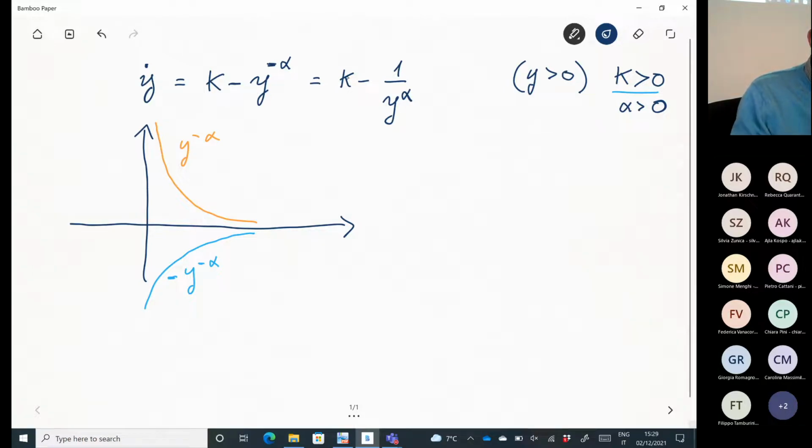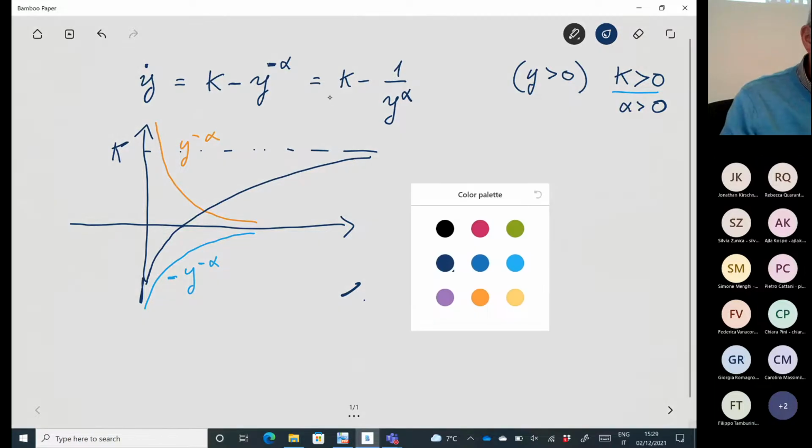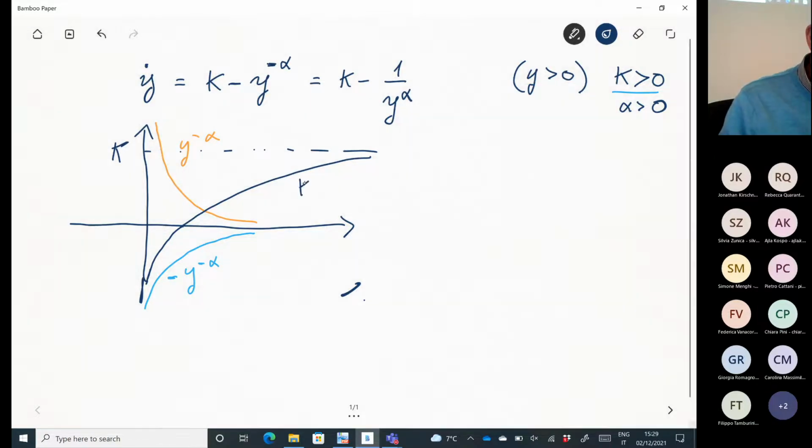If you add a positive constant, it goes to minus infinity as well, but at some point it will cross the x-axis, and then it will go asymptotically towards a value which is k, okay? And what I'm representing here is the whole function, k minus y to the power of minus alpha. Is that clear?